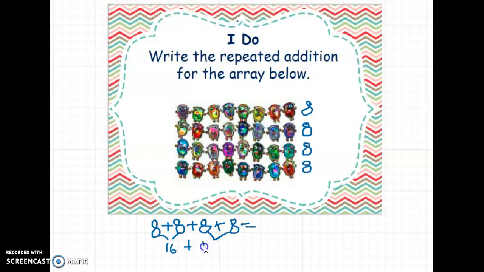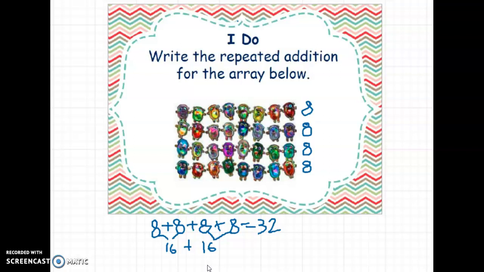And that also equals 16. 16 plus 16 equals 32. Did you guys get 32 just like I did? Let's just go ahead and double check our answer just in case.